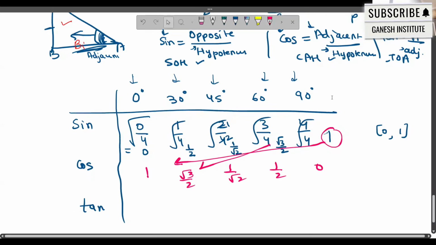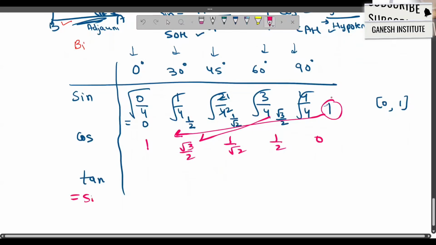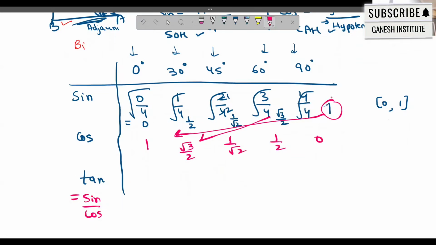And then you have tan, which is actually sine upon cos. So tell me, what is sine upon cos for 0? It's 0. Tan 30 is going to be 1 upon root 3.